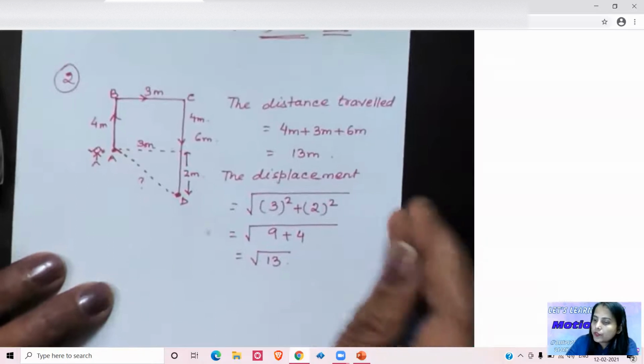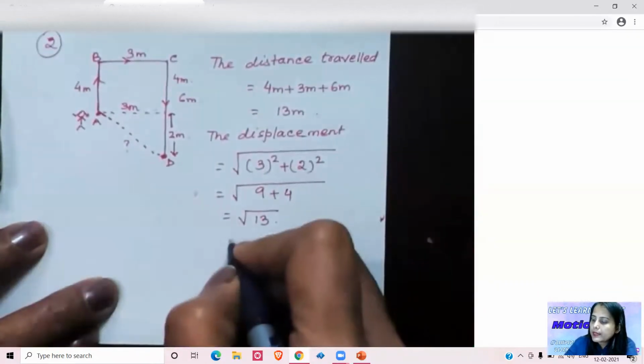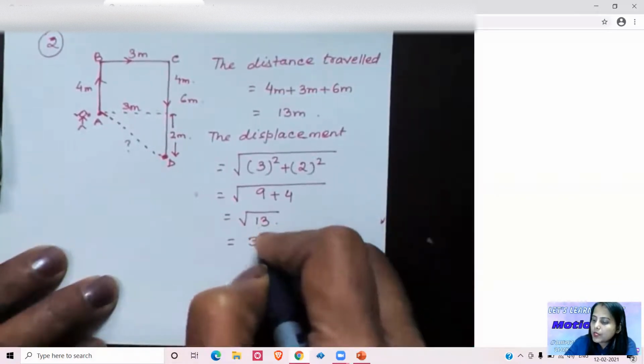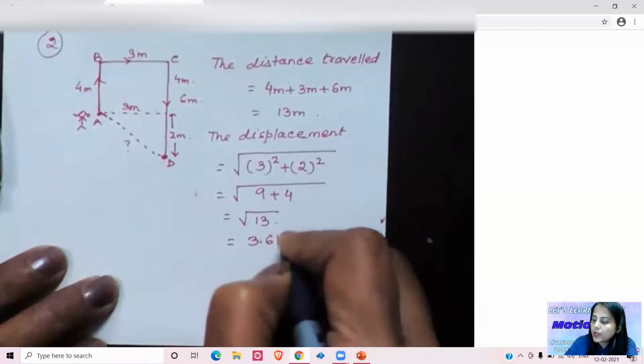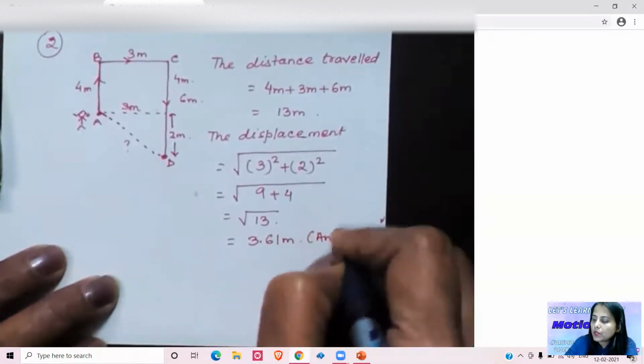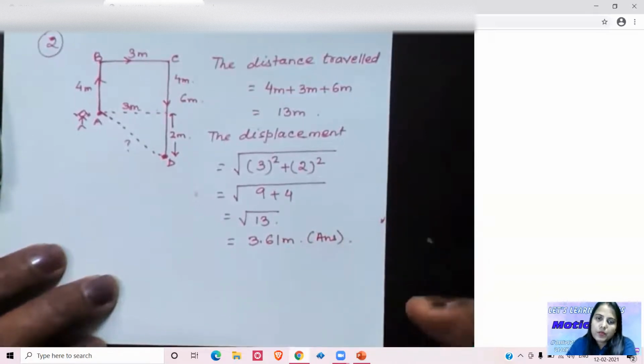Now square root of 13 is approximately 3.61, so the value is going to come about 3.6 meters.